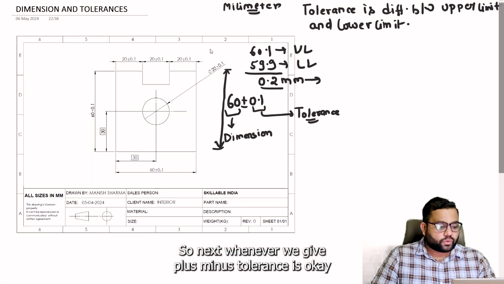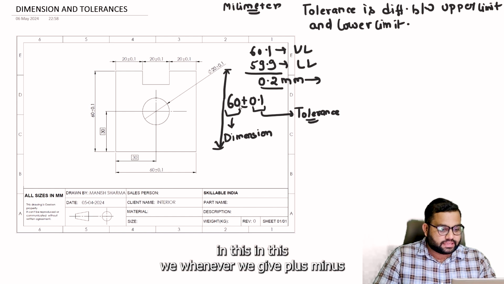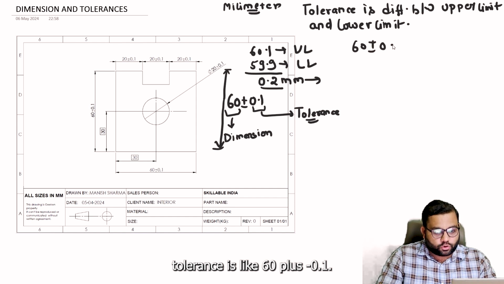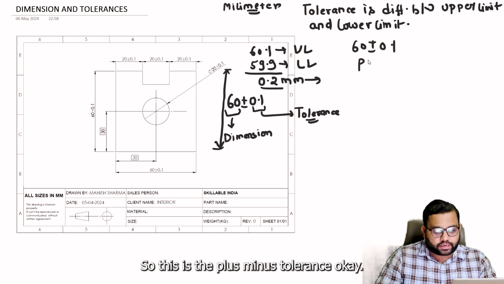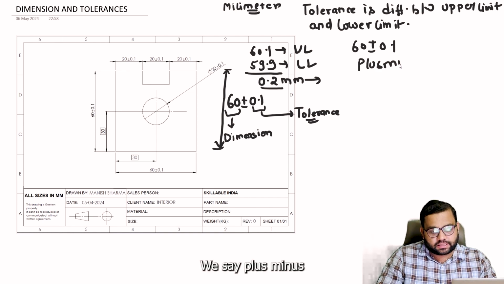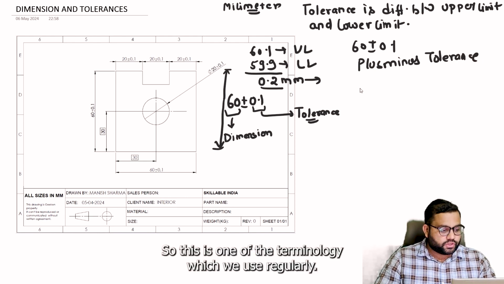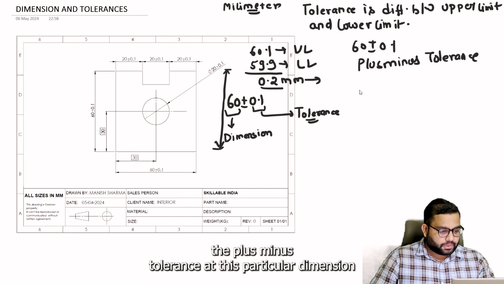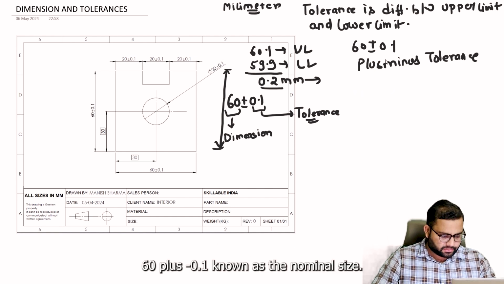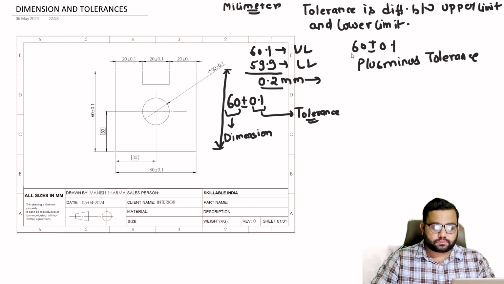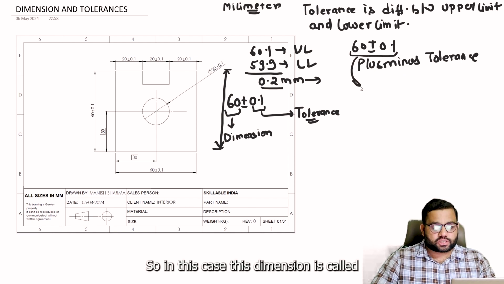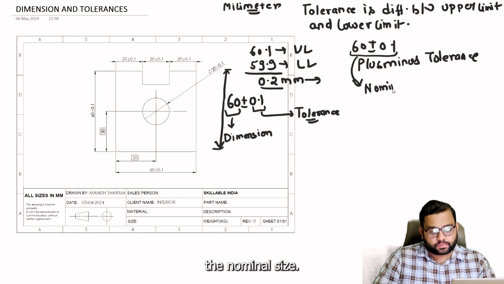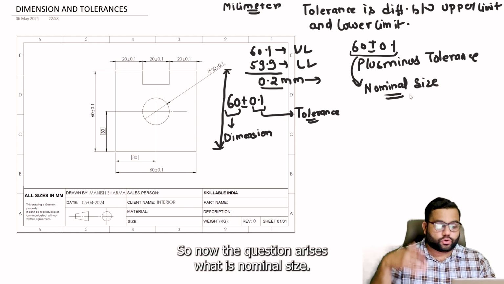Next, whenever we give tolerances in this way, like 60 plus minus 0.1, we say it is a plus minus tolerance. This is one of the terminologies we use regularly. In the plus minus tolerance, this particular dimension, 60, is known as the nominal size. Now the question arises, what is nominal size?